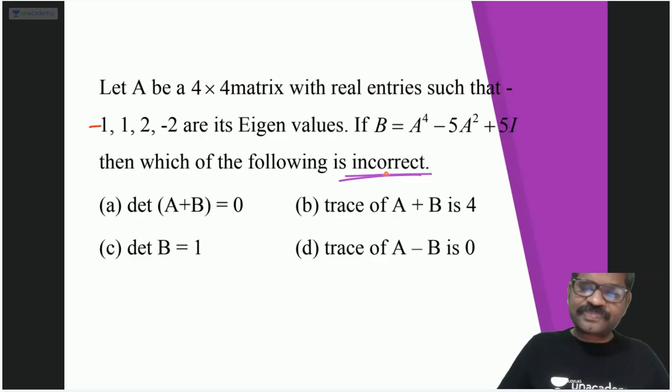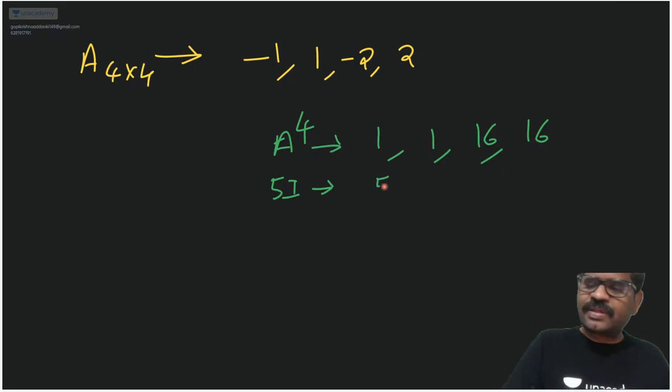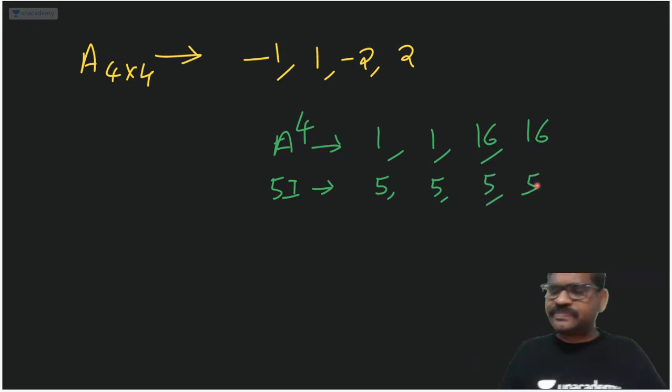Next. Eigenvalues of 5I are 5, 5, 5, 5. I have written in this order, and the same order I am calculating. What is wrong in that? Whether minus 2, 2 or 2, minus 2, what is the problem in that?